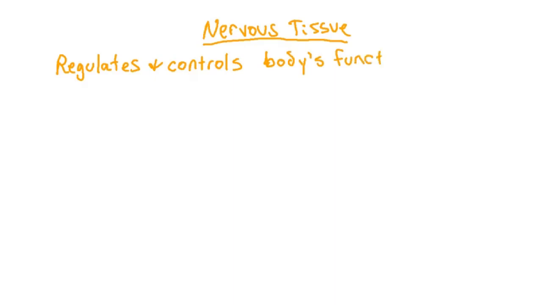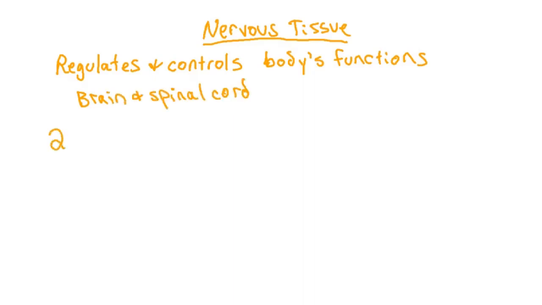So your nervous tissue, as I said, it regulates and controls all of your body's functions. So it makes up most of your brain and spinal cord.